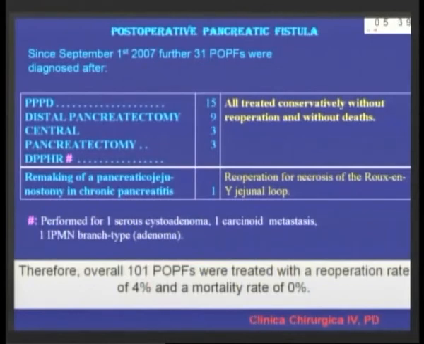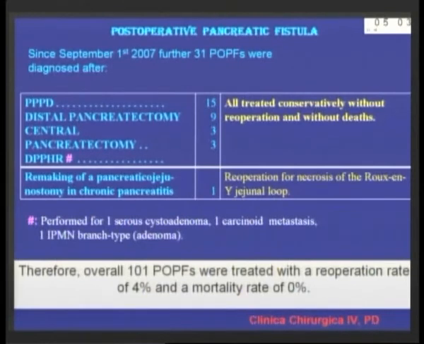Since 1st September 2007, a further 31 postoperative pancreatic fistulas were diagnosed. So 101 pancreatic fistulas were seen until now, all treated conservatively but one, and that one was operated because a patient with chronic pancreatitis operated on in 1981 had a problem with a pancreatic jejunostomy.